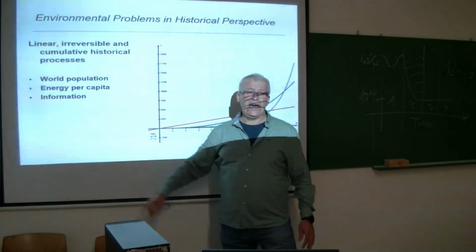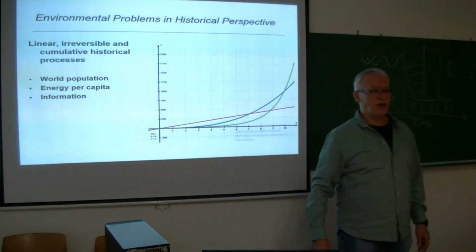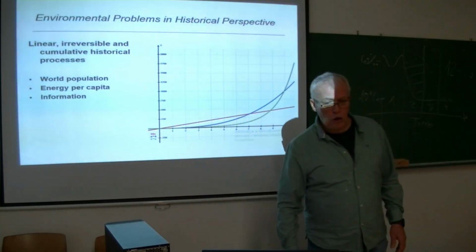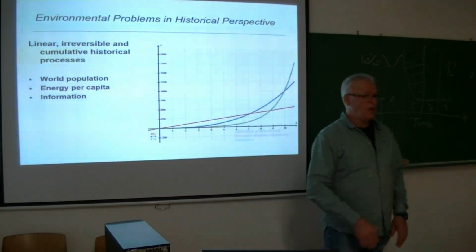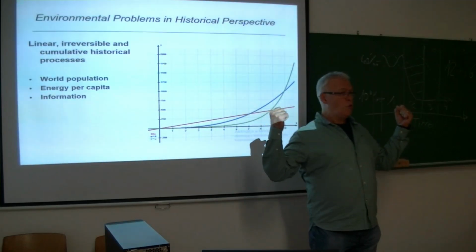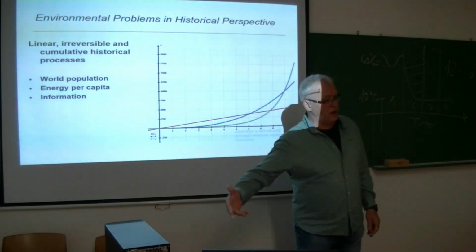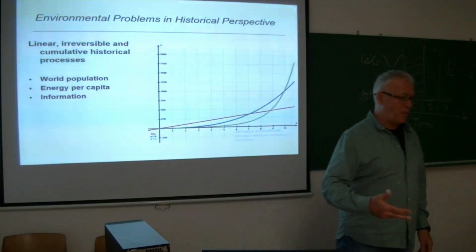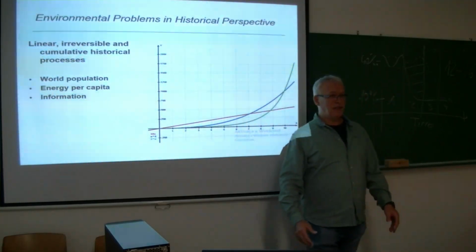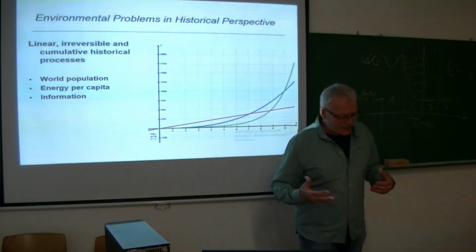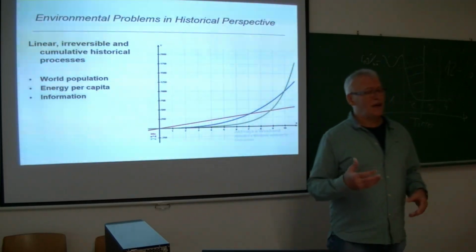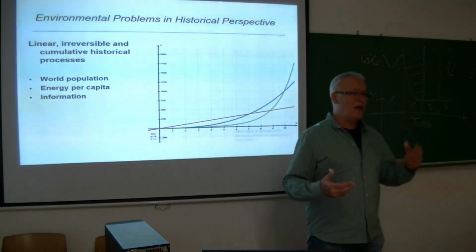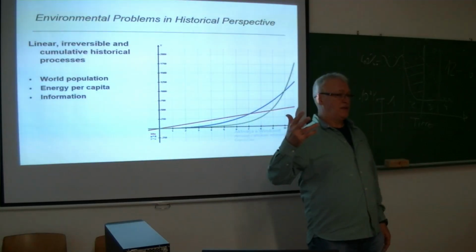The second one, energy per capita. If we look at early human evolution, people used only somatic energy, no more. Later, after the invention of the agrarian revolution, domesticated animals appeared, the growing power of domesticated animals, and simple tools and engines like windmills and water wheels.